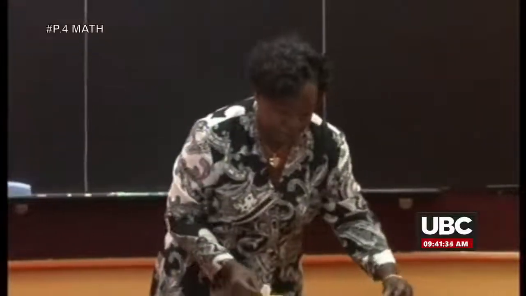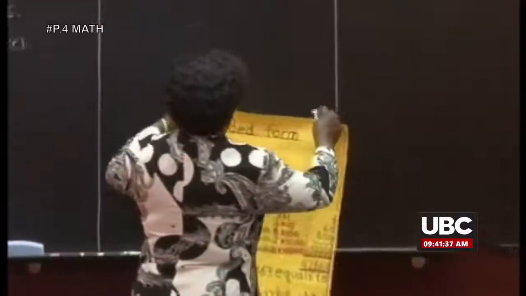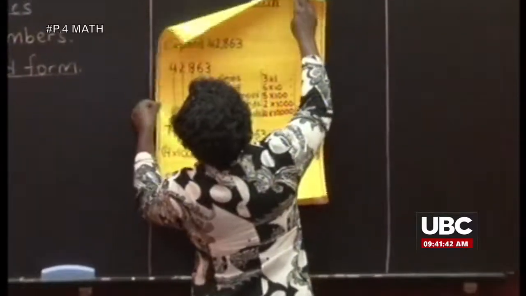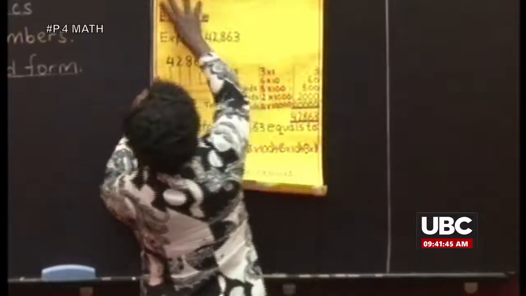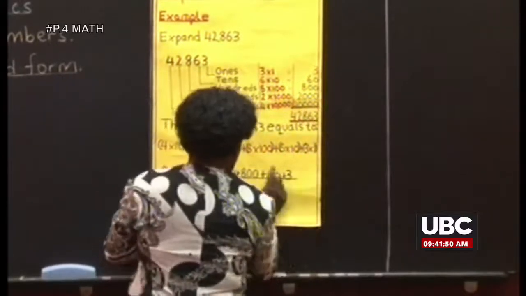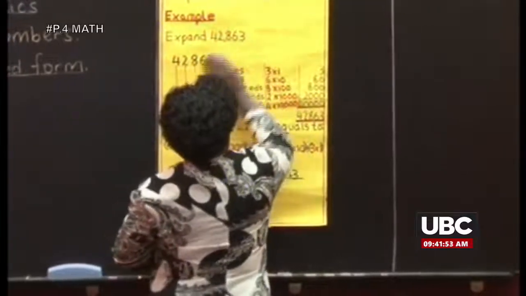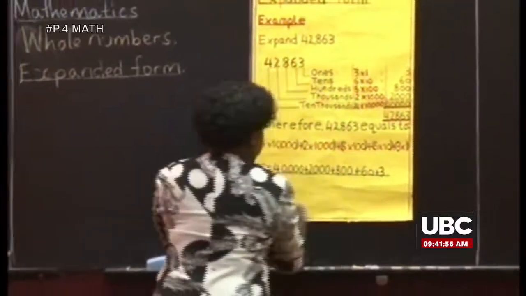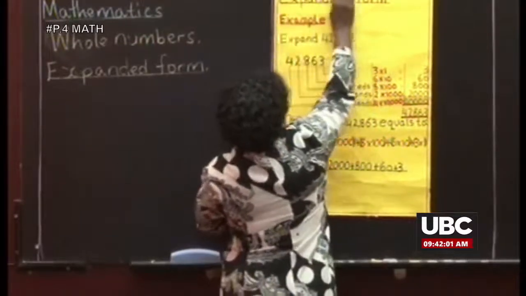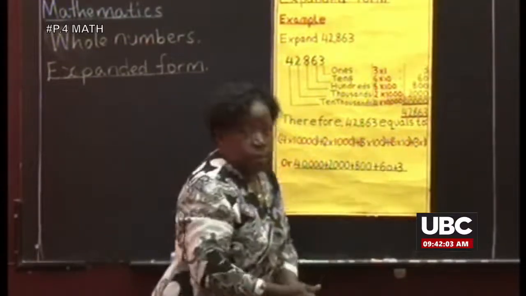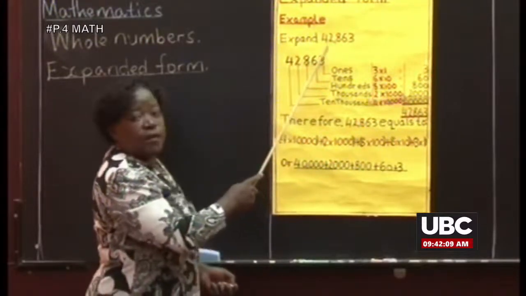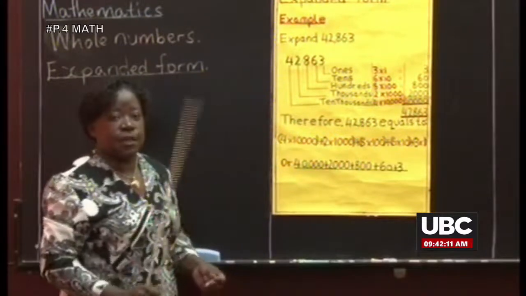Let's look at this example here. The number says expand 42,863.